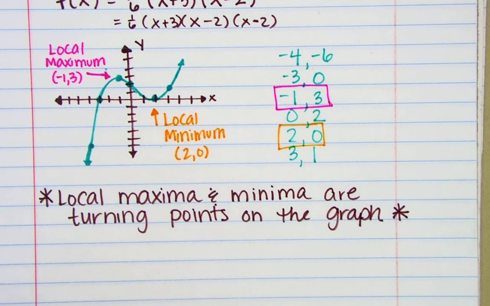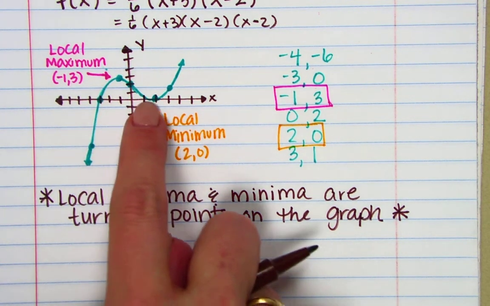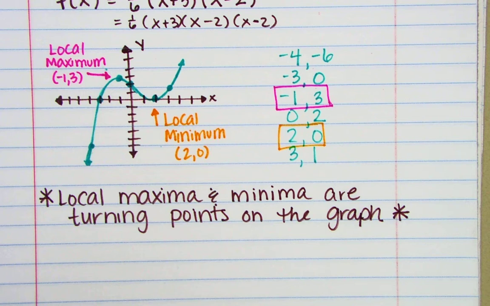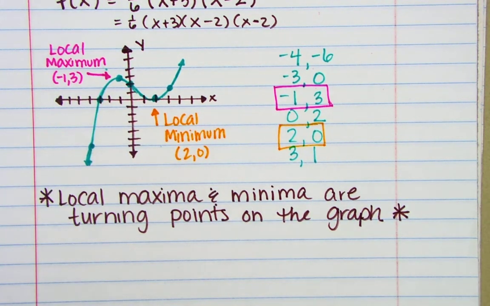Because again, they're not the highest point ever on the graph or the lowest point ever, because this point is below that one, but it's lower than the ones around it and it's a turning point. It's lower than all of these around it. It's the nearby minimum, the nearby maximum. Any questions on that one? Pretty straightforward, right?